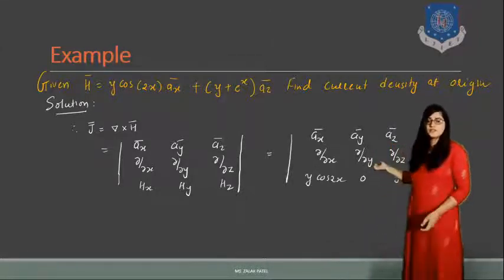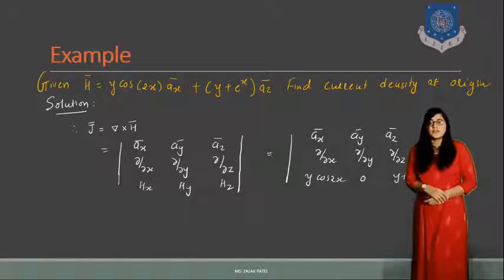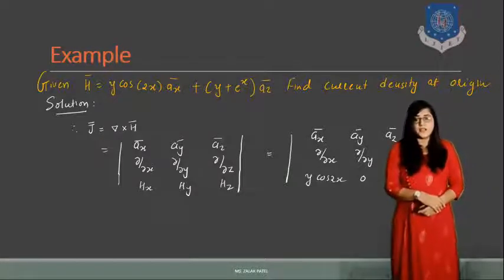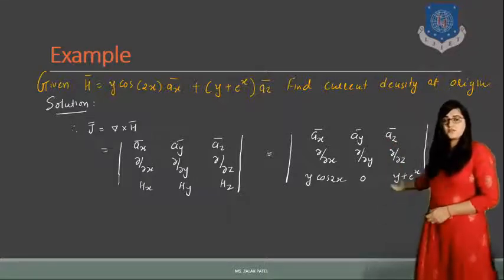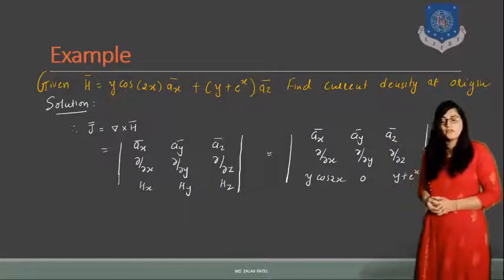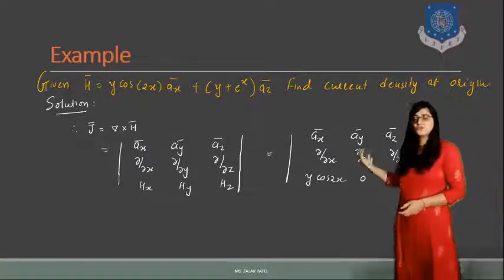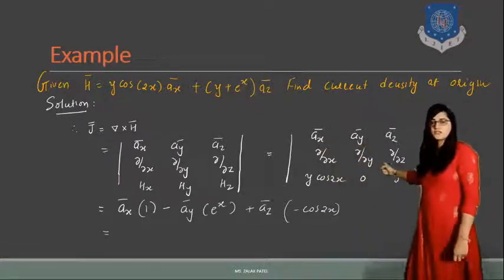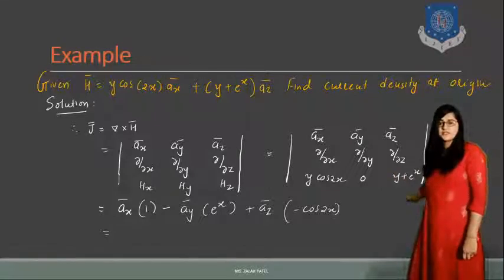If you write this down, it will be like this: ax, ay and az, del by del x, del by del y and del by del z, and the third row is y cos 2x, 0 and y plus e raised to x. You have to solve this determinant. So it can be like this: ax bar into del by del y of (y plus e raised to x).